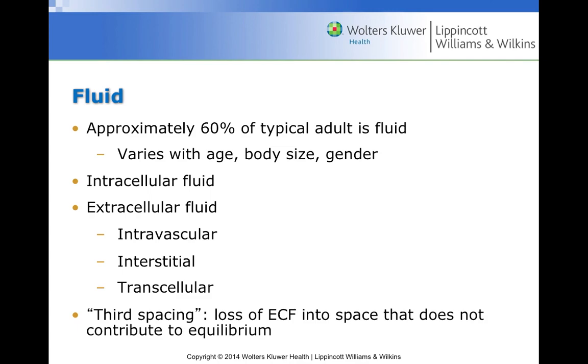For your interstitial space, this contains fluid that surrounds the cell and totals about 11 to 12 liters in an adult. Lymph is an interstitial fluid. The transcellular space is the smallest division of the ECF compartment and contains approximately 1 liter.